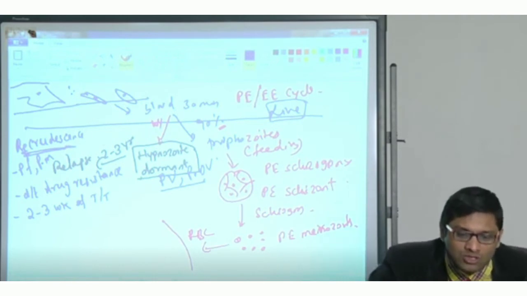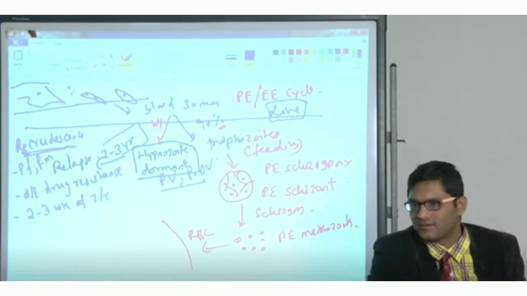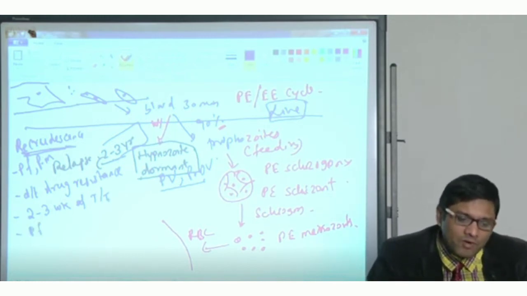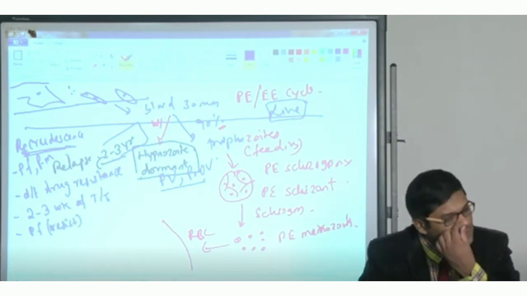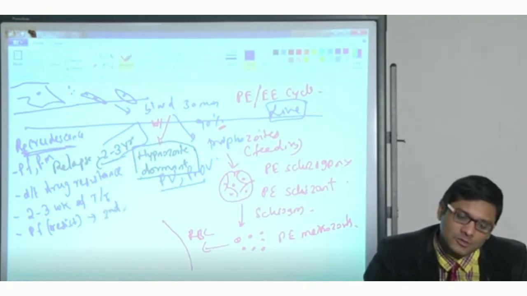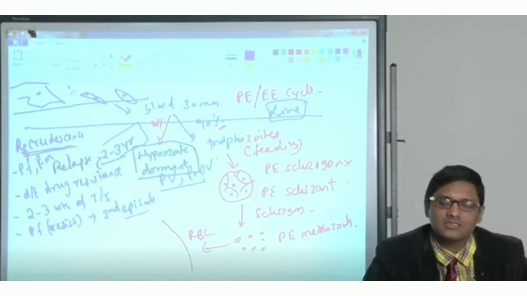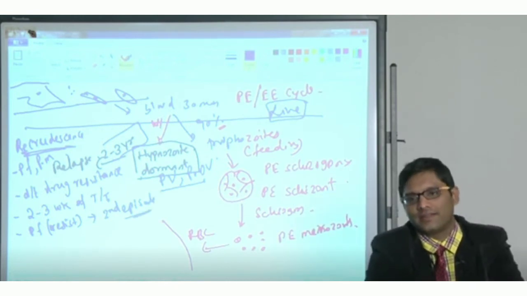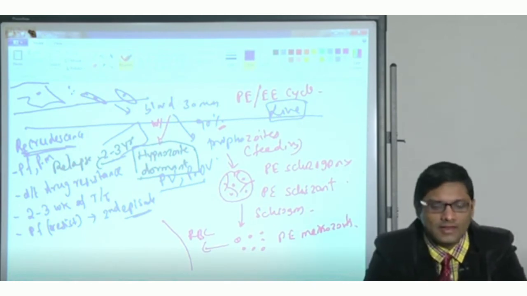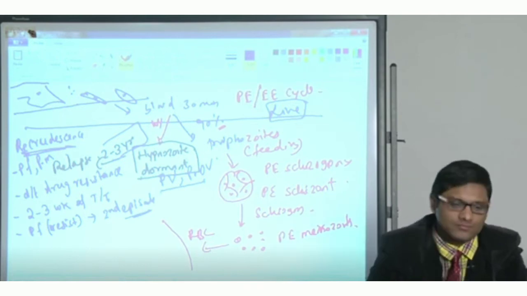Relapse occurs 2 to 3 years after the primary attack. If they are resistant Plasmodium falciparum, 2 to 3 weeks after treatment, they can cause a second episode of malaria, and this is called recrudescence of malaria. This is seen in which species? Falciparum and malariae, whereas relapse is seen in V for vivax and ovale.